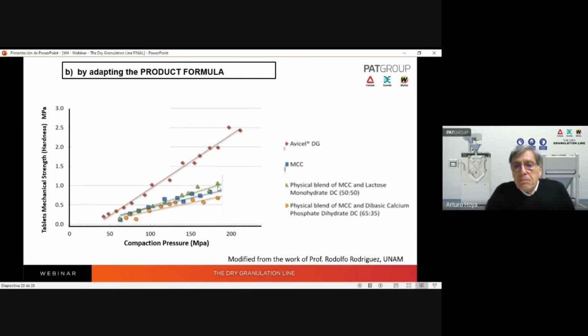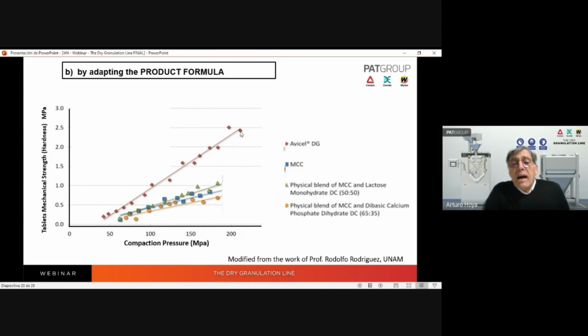This is due to the plastic characteristic of the microcrystalline cellulose.